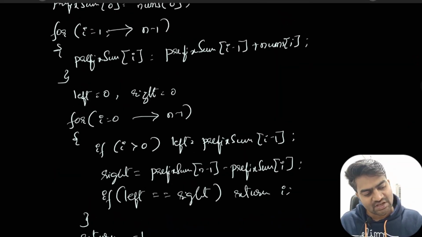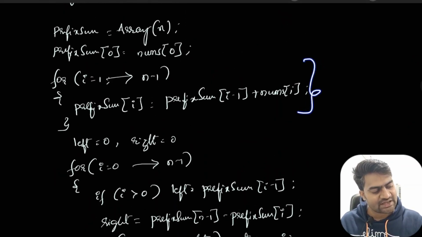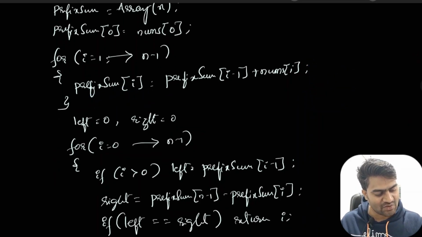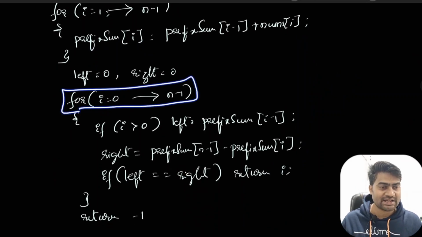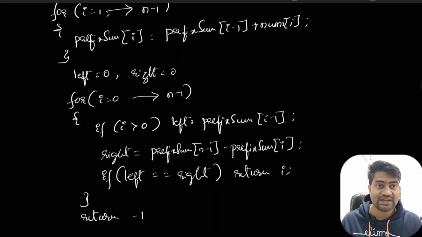Now if you see, what is the time complexity? Here basically it is of order n to find the prefix sum, correct, right? So this is order n. Then we again iterate over the entire array and we find the left and right values, basically prefix and suffix values.